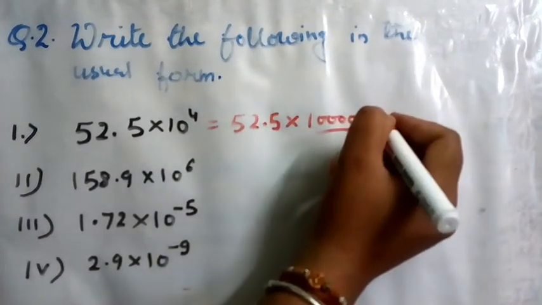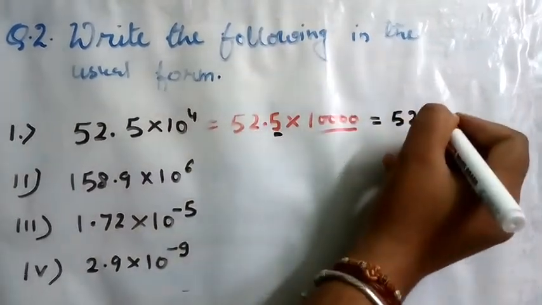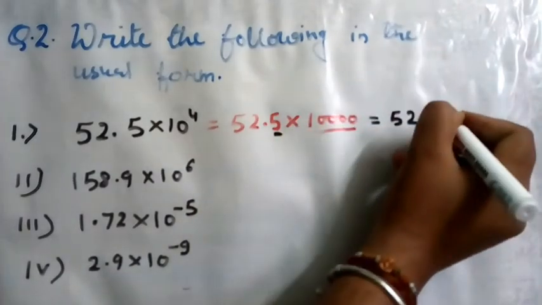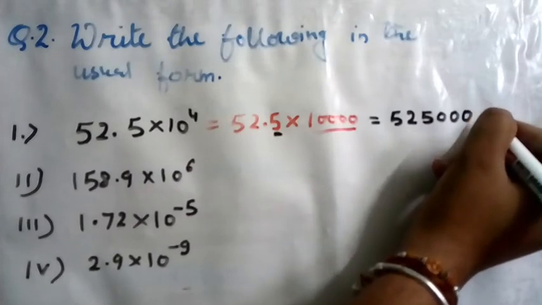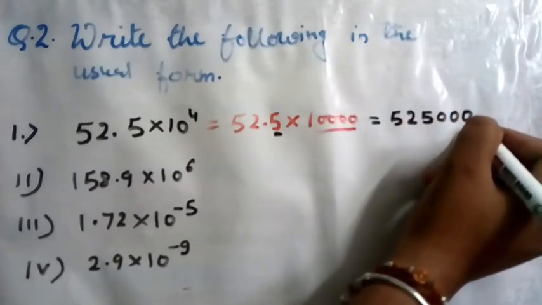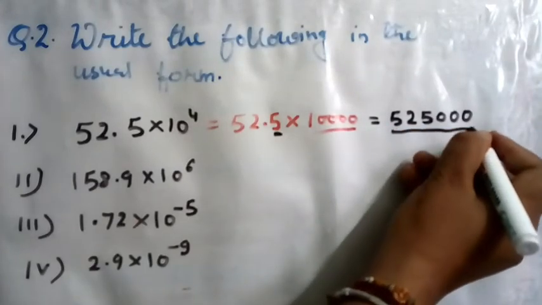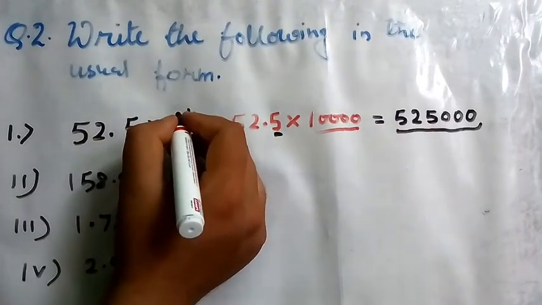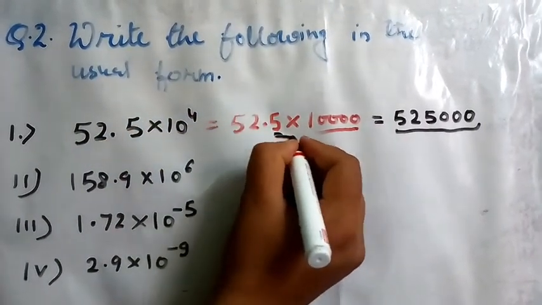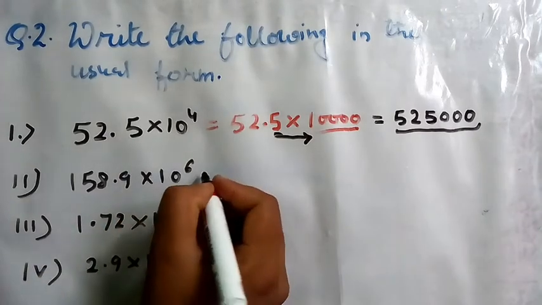So the first digit is 5, and for the remaining you can put zeros: 1, 0, second 0, third 0. This is your required answer. Means when the power was positive, we shifted our decimal 4 digits from left to right. Now it is outside the number, so this is your answer.